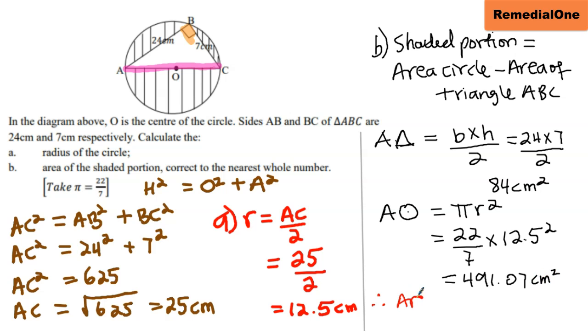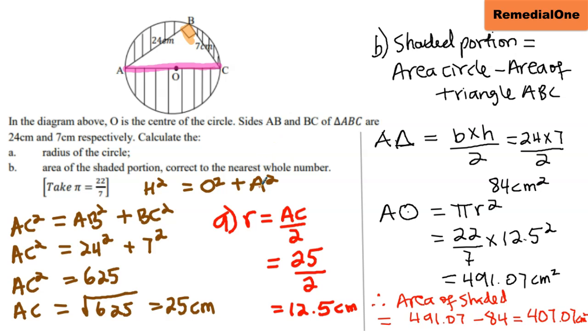Therefore, the area of the shaded region is going to be the circle, since it's the bigger one, minus the unshaded one, which is the triangle. 491.07 minus 84 will give us 407.07 centimeters squared.